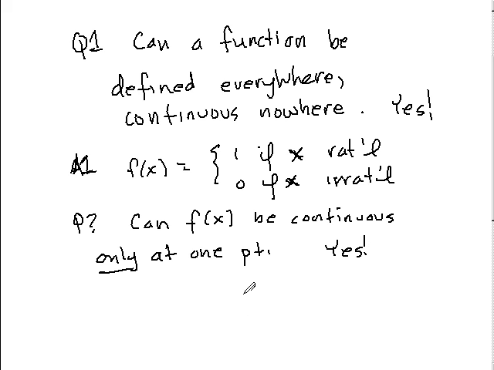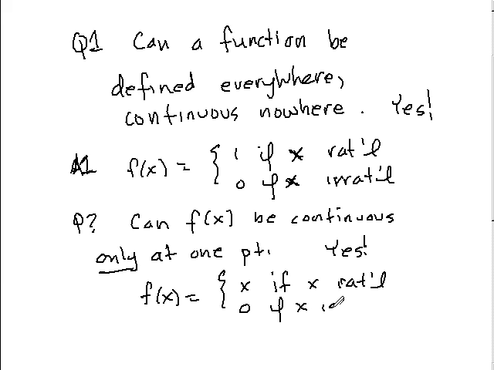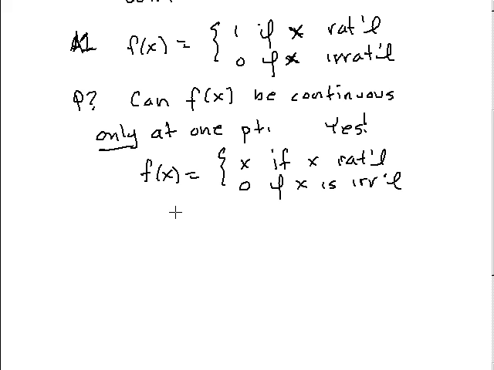Well, you can get it just by changing one character in this preceding function, and that is just change this 1 to be x. So if I change f of x to be x if x is rational, and 0 if x is irrational, then the graph of it, let me just make this a thick blue line.